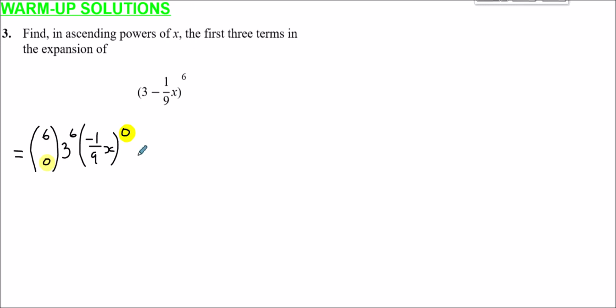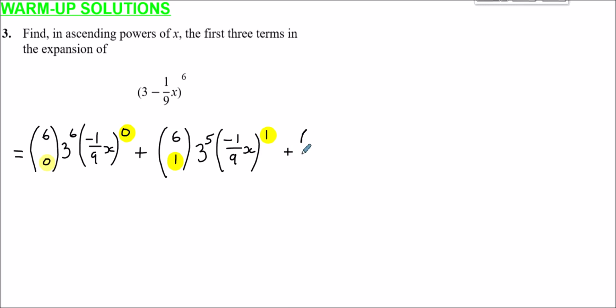Now, as we go along, this bottom number here will increase by 1 each time. So 0 add 1 becomes 6 choose 1. This number here, the power of 3, will reduce by 1. And the power of this minus 1/9 of x will increase by 1 each time, which will match, as ever, to this bottom number, like I said earlier. So that's a 1, that's a 1.